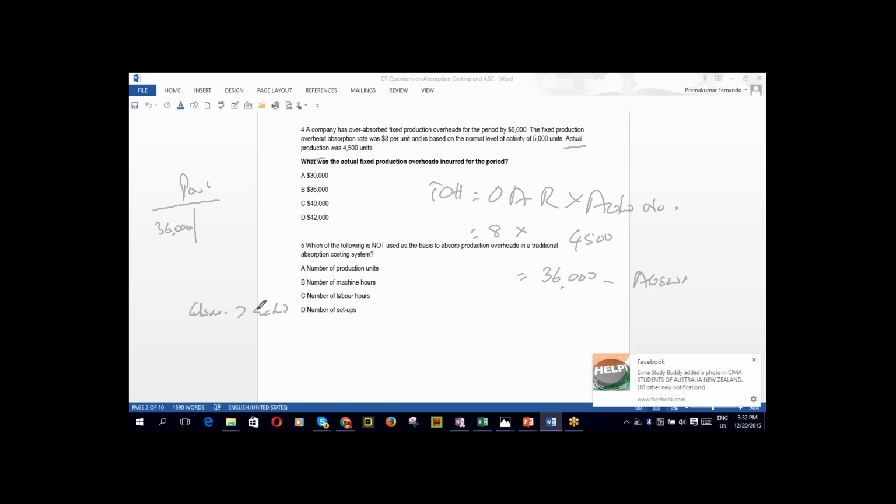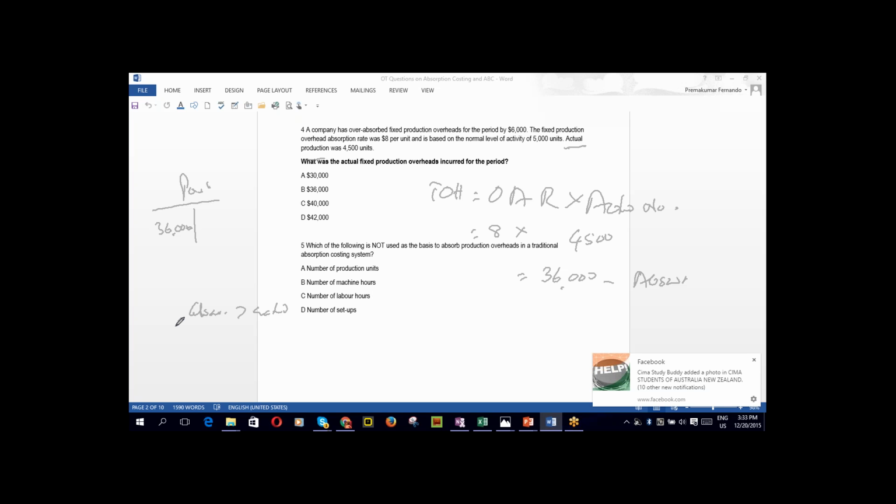So don't try to memorize formulas. Try to think. If you try to memorize, that's not good, because when you get a complicated situation, you may not be able to work it through from memory. Rather than thinking of adding and deducting, just think about it. 36,000 absorbed, but in that absorption, 6,000 more was absorbed.